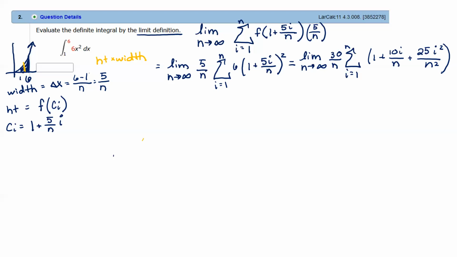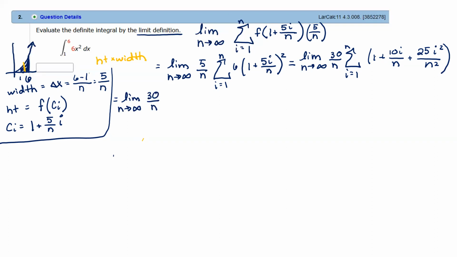All right, so then this 10 over n is treated as a constant. That 25 over n squared is going to be a constant. And so we just use those summation formulas to continue this. Look at the limit as n goes to infinity. We have 30 over n.